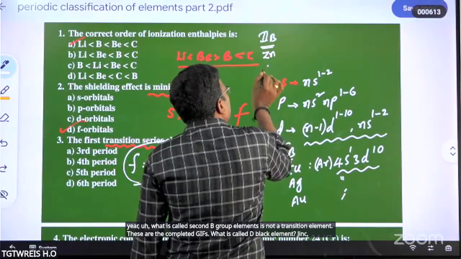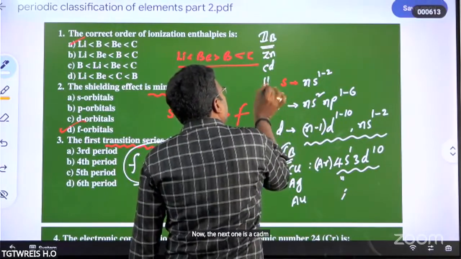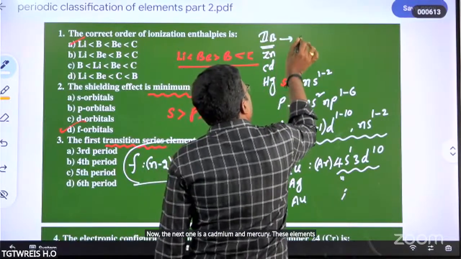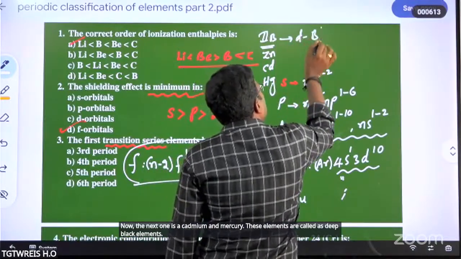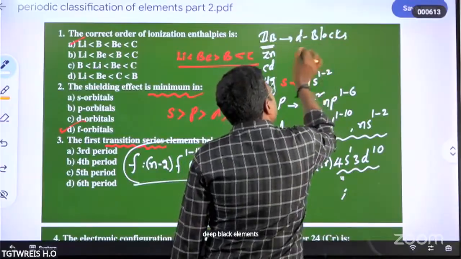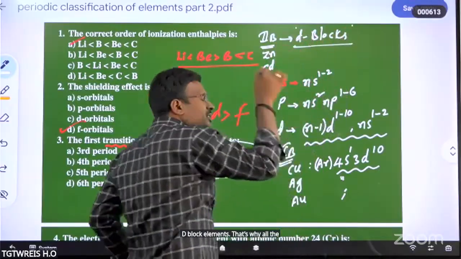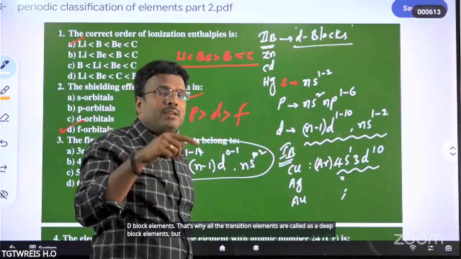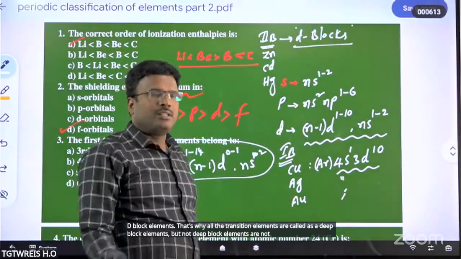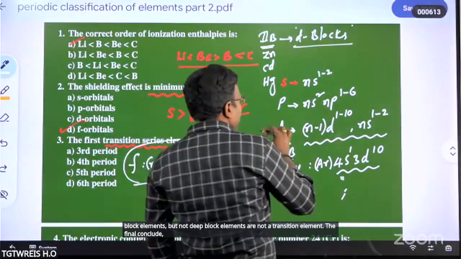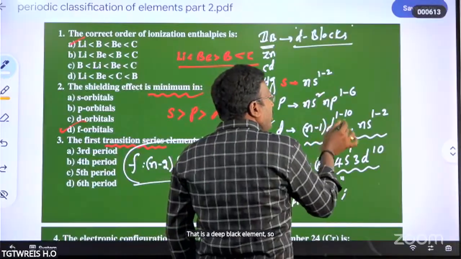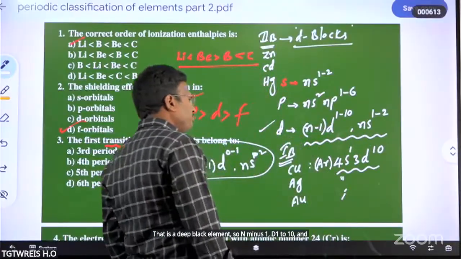All the transition elements are D block elements, but not all D block elements are transition elements. Finally, the D block general configuration is n minus 1 d 1 to 10 and ns 1 to 2.